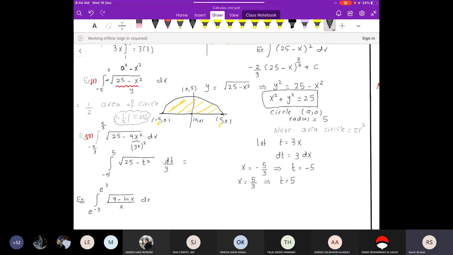Right? Yes. Now this integral becomes like example 1. This integral is 1/2 the area of the circle. So the answer is 1 over 3 times 1/2 pi r squared, where r squared is 25. So the final answer we get is 25 pi over 6.